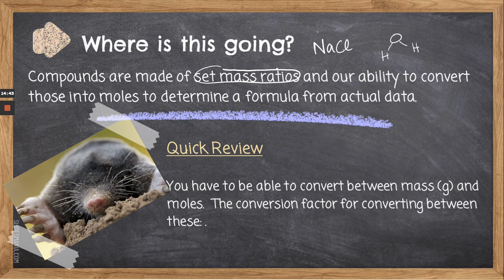And if we know the grams, we can change them to moles. And from moles, and this is what we'll do in the lecture 5, if we know the mole ratio of the elements, we actually can determine the formula from data. So if somebody gives us data that tells us we have a certain percentage of different elements, we will be able to use that percentage data to come up with the actual formula that we're talking about.